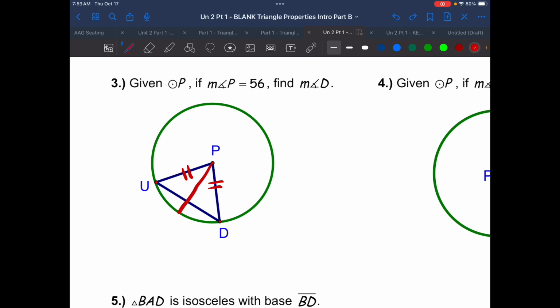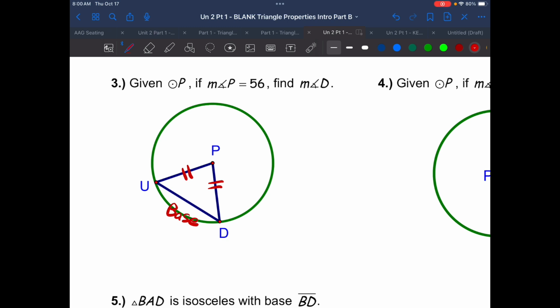It would have to be attached to the center. So take a look. What kind of triangle right now is PUD? Well, sure. It's isosceles, and these are your two legs, right? Two equal legs. So if those are your two equal legs, then what would we call side UD? Well, that would be your base. That's the different side. So you got your two equal legs, PU and PD, and the non-equal side, the base.